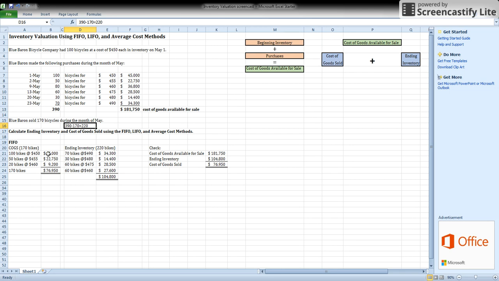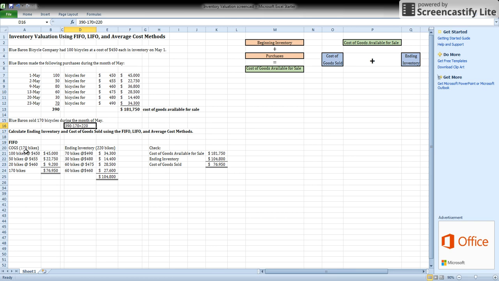Now, first in, first out basically means the first items that we purchased are the first items that we sold. So in this case, the first items that we purchased are the 100 that were in our beginning inventory at $450 each, for a total of $45,000. Then on the 2nd of May, we purchased 50 more bikes at $455. And so those would have been sold.